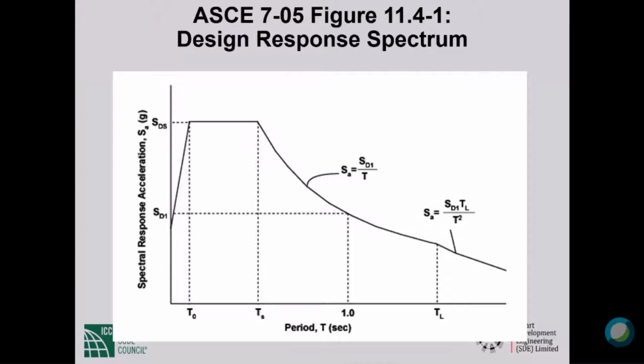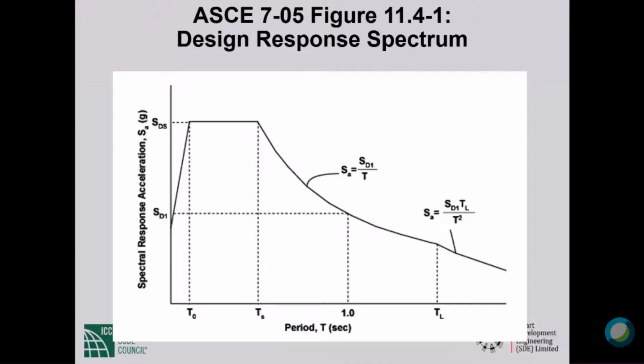The T sub L value in AC 705 is between 4 and 16 seconds. 4 seconds is the period of a 40-story tall frame building. So the third branch typically does not come into play in typical designs. Okay.